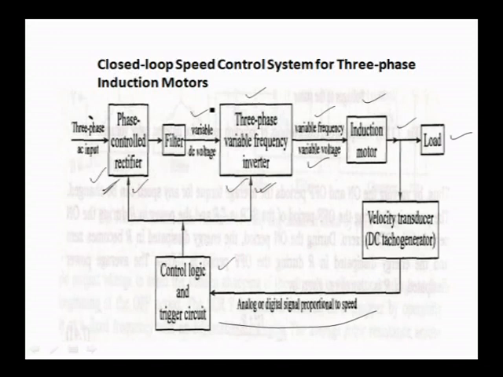So, if both frequency and voltage are varied, the flux remains constant, and the maximum torque also almost remains constant. For all these reasons we go for this method, so that V by F is maintained constant. V by F constant means the flux is constant. That is the reason we go for the variable frequency, variable voltage method of speed control. This is a popular method.